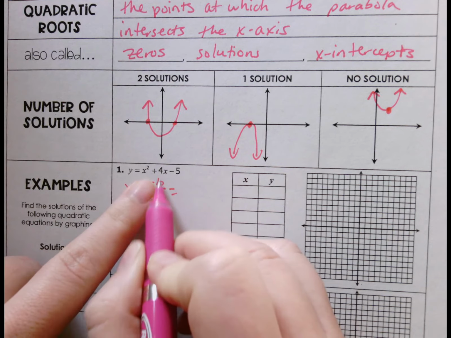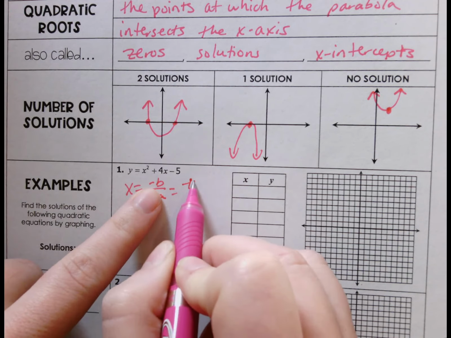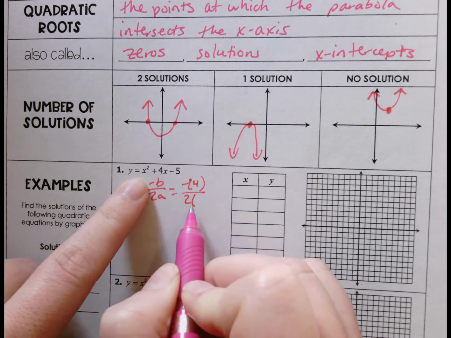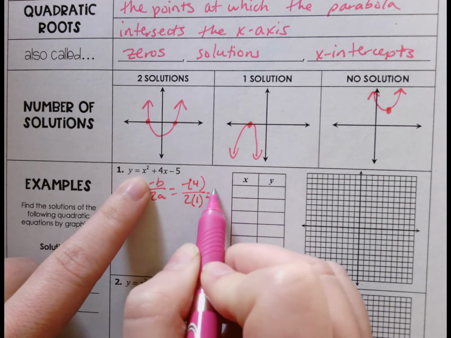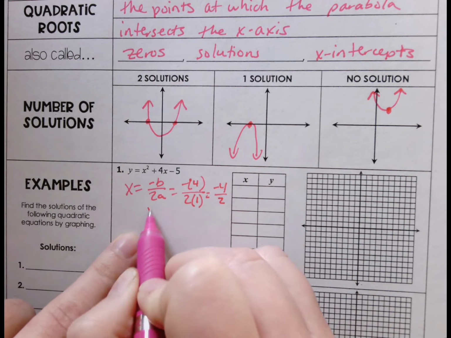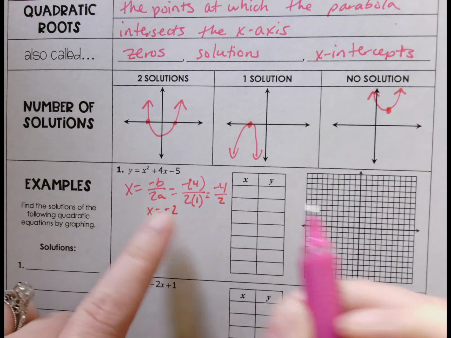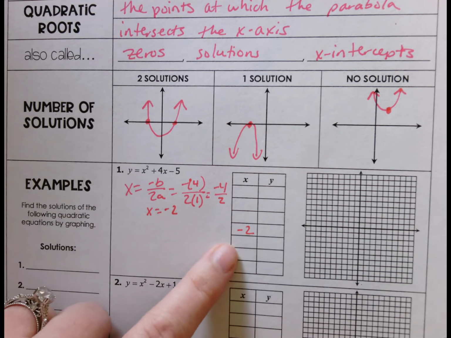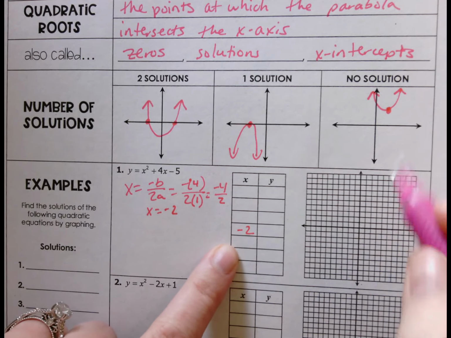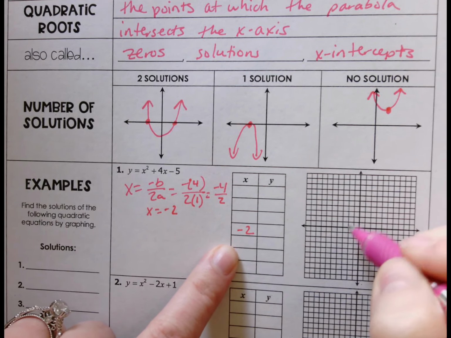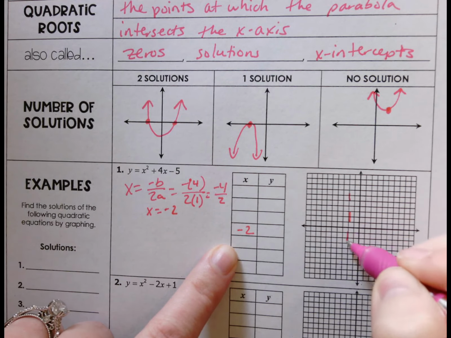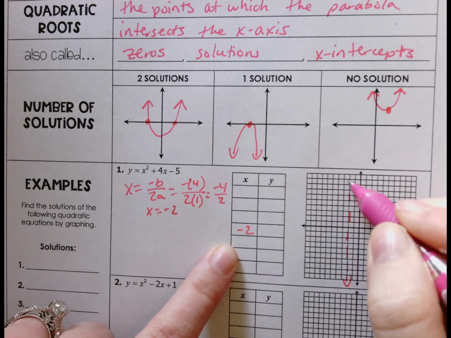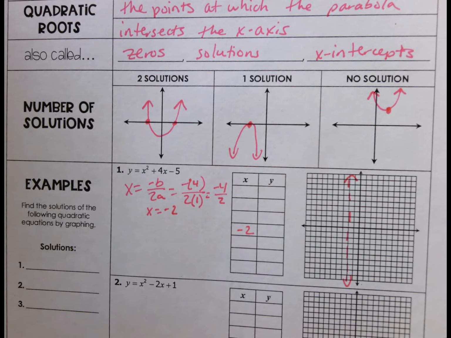In this case, b is 4, so negative 4, over 2, and then a is 1. So we end up with negative 4 divided by 2, so x is equal to negative 2. Okay, so there is our line of symmetry. That means our line of symmetry is going to be right about here at x equals negative 2, just so you can see that.